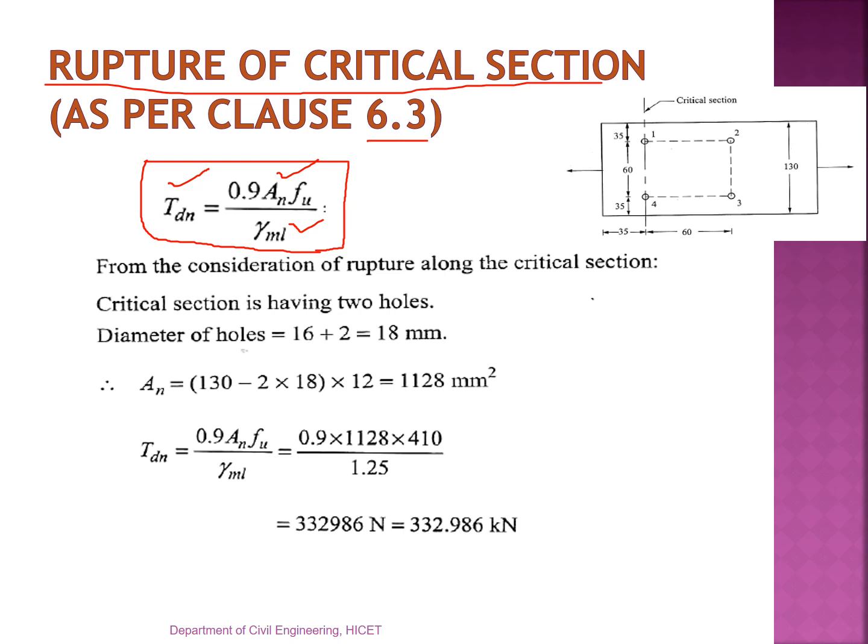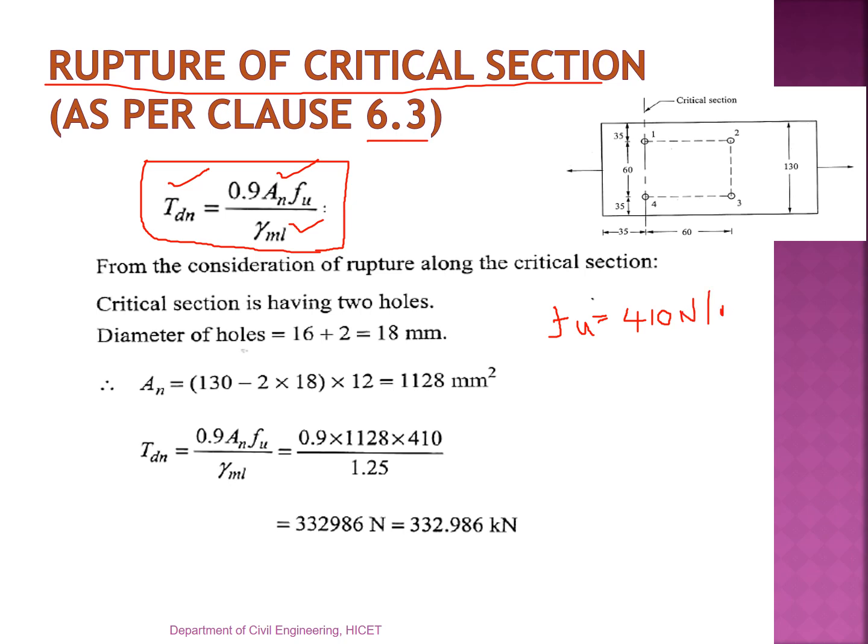Here Fu is the ultimate tensile strength of the plate. Your grade of steel is Fe410 or Fe415, so the ultimate tensile strength of the steel plate is equal to 410 Newton per mm square. The value of Fu depends upon your grade of steel plates.